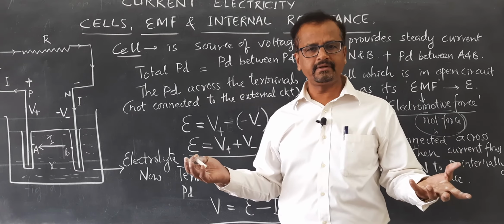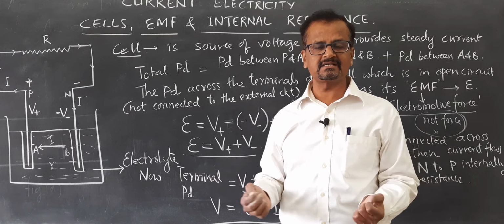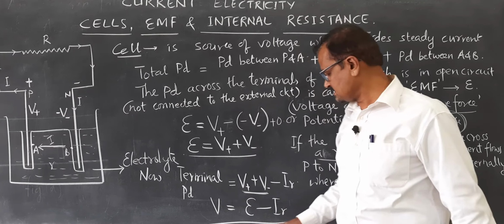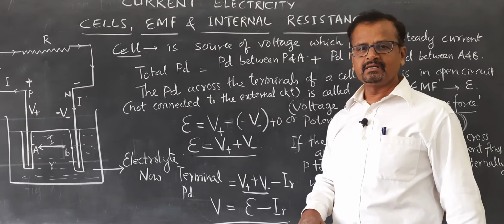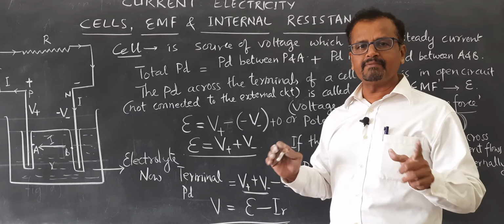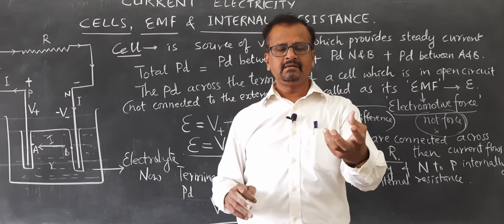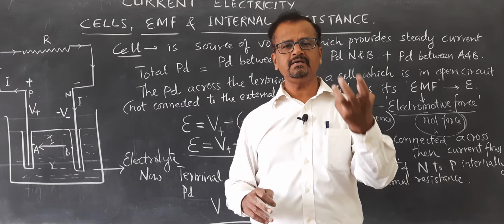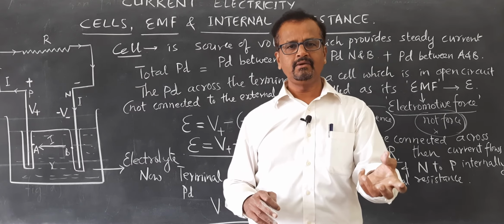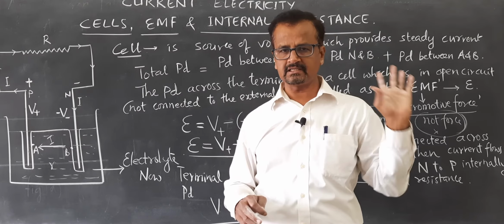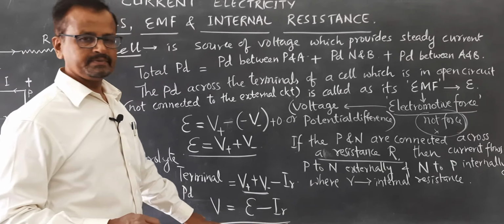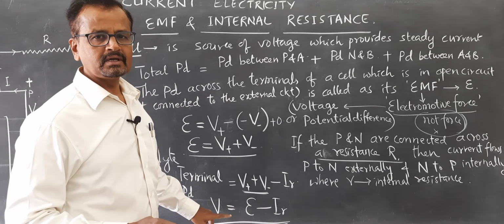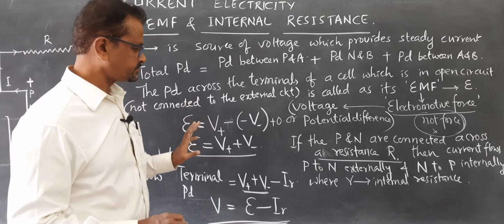No current flows in the external circuit. When no current flows, I becomes 0. Then V becomes equal to E. It means the EMF of the cell is the terminal potential difference of the cell when no current flows through the external circuit, right? That is how we understand the difference between EMF and the terminal potential difference.